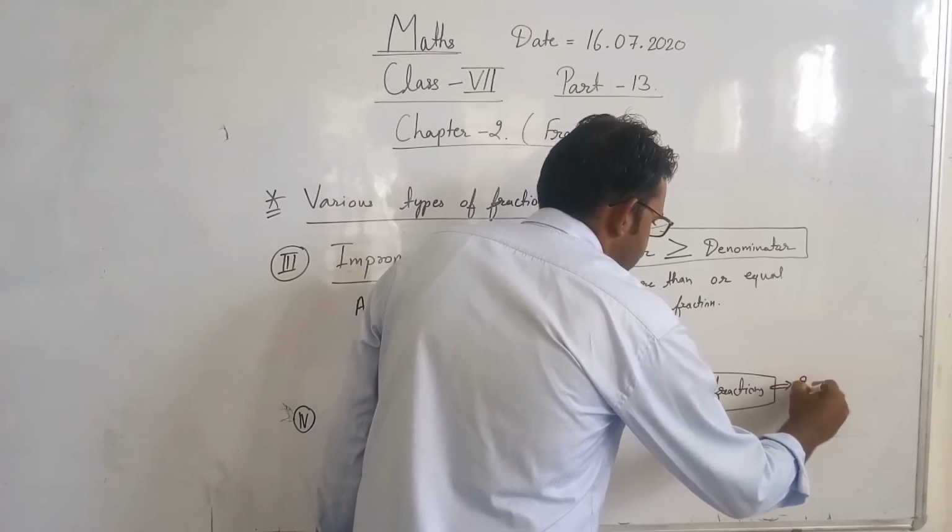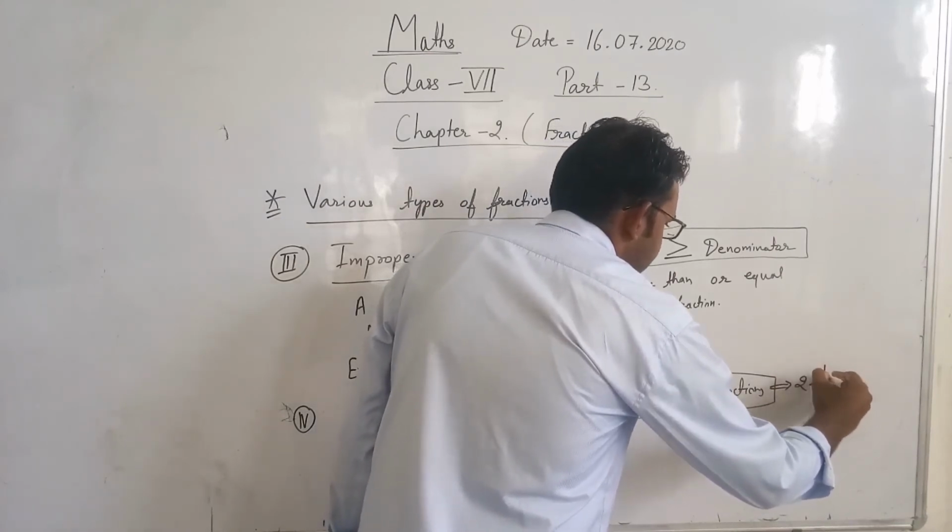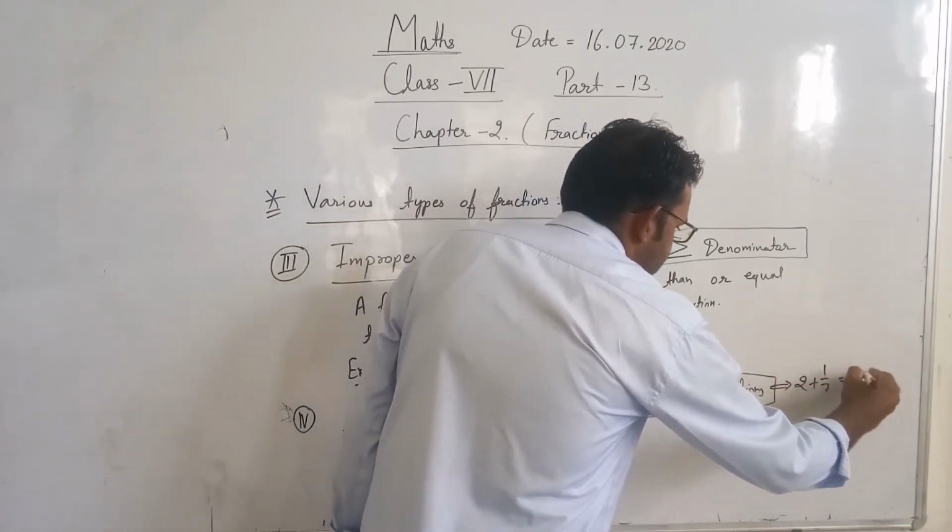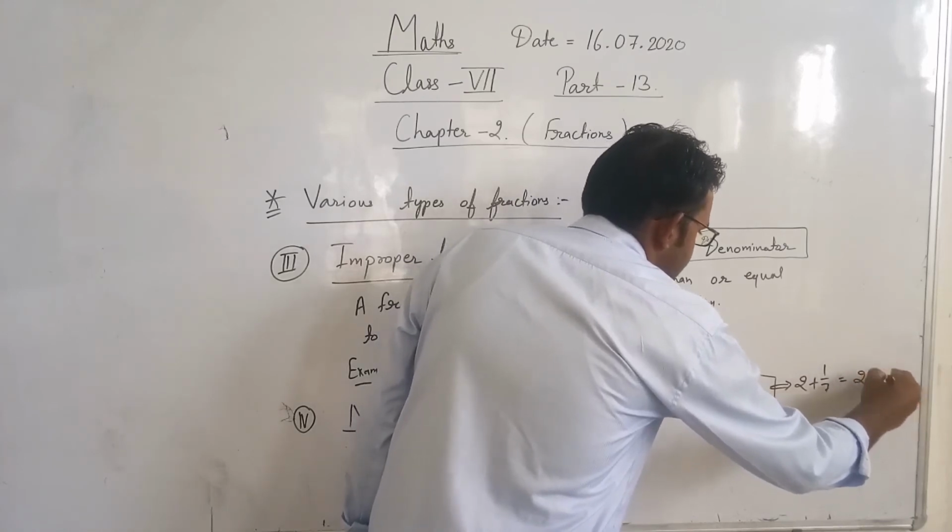For example, 2 plus 1 upon 7 equals 2 1 upon 7.